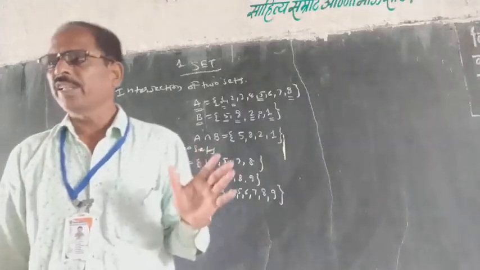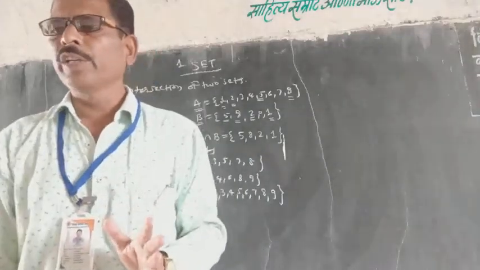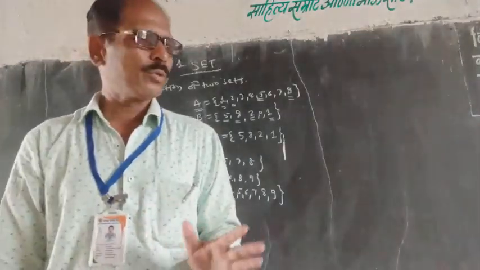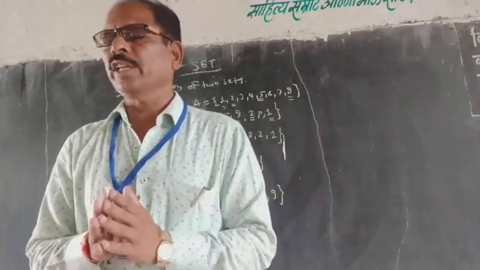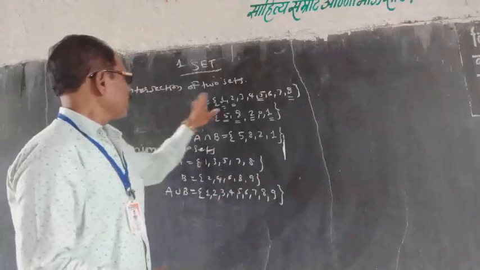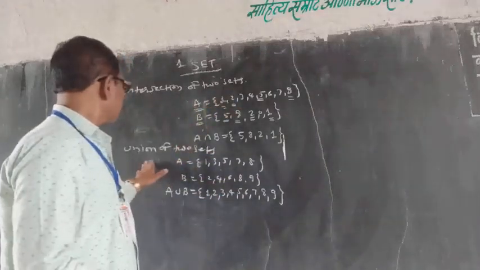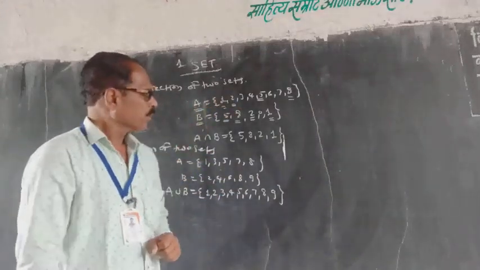This set is called the union of two sets. This is the operation on the sets: intersection of two sets, union of two sets.